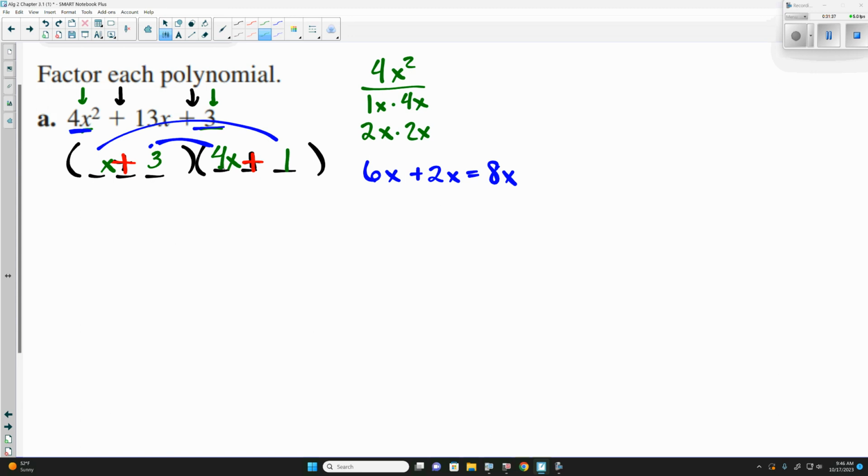We're just picking one of those two to put it, because once we put it there, we will check it again. X times 1x is x squared. 3x times 4x, well, 3 times 4 is plus, we still have our x, 12x. X plus 12x is 13x.